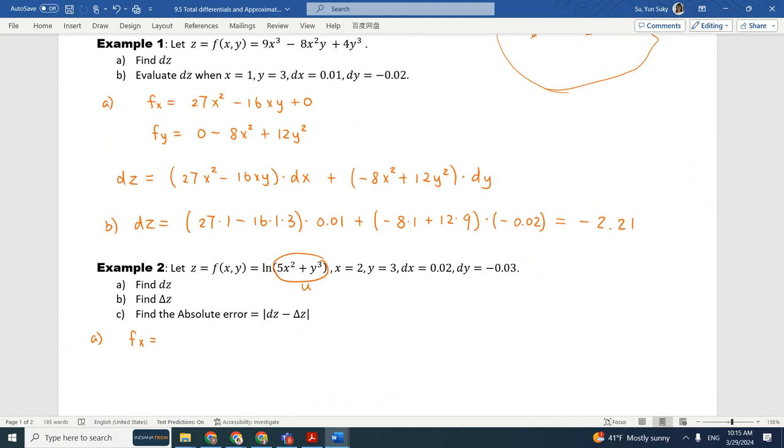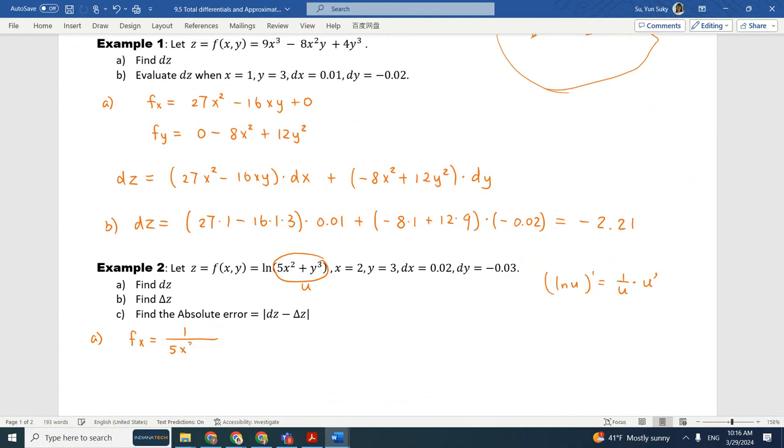We're going to use the chain rule. What's the derivative of ln u? Yeah, it's 1 over u times u prime. Right, everybody? So 1 over u, what is u?